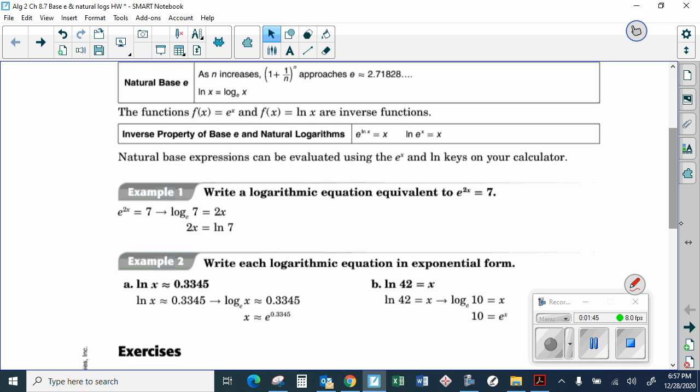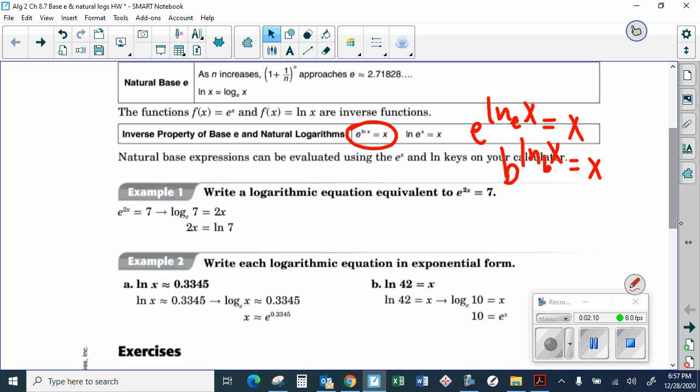Now, remember here, this is like the log one, e to the natural log of x. I expect you to know that equals x. It's the same thing as I told you before: b to the log base b of x equals x, as long as these two bases are the same.